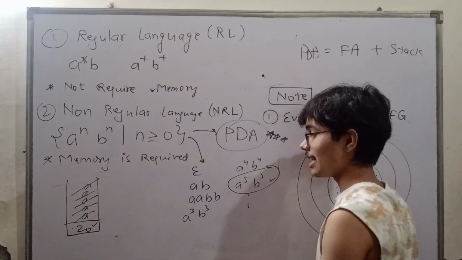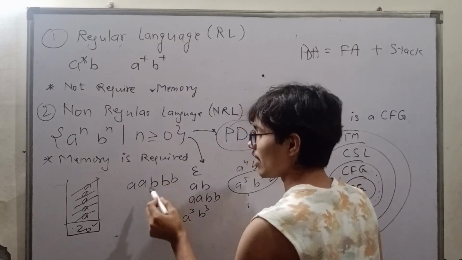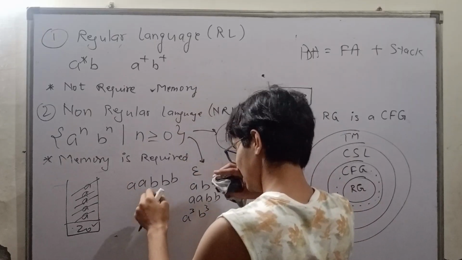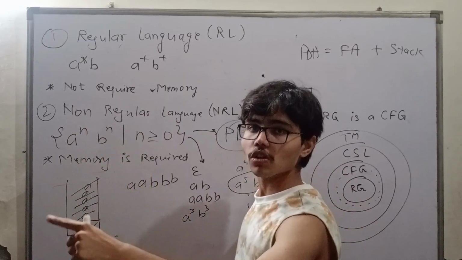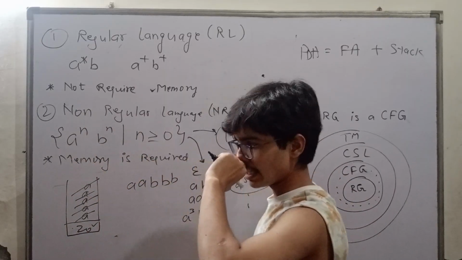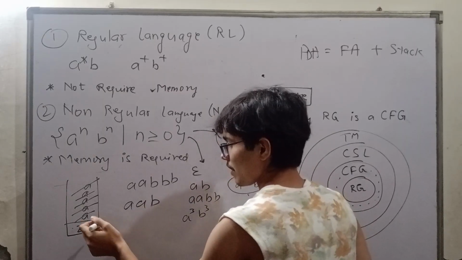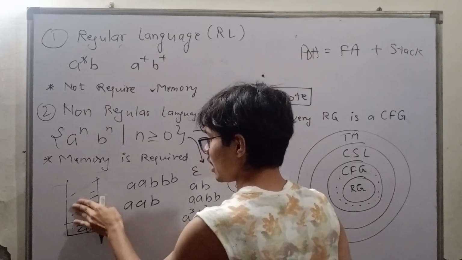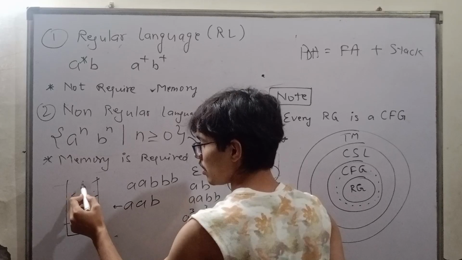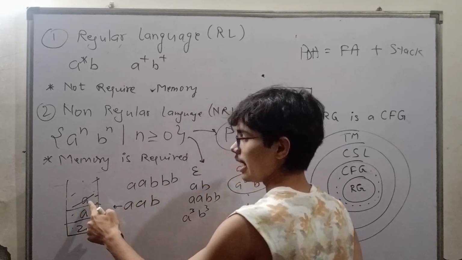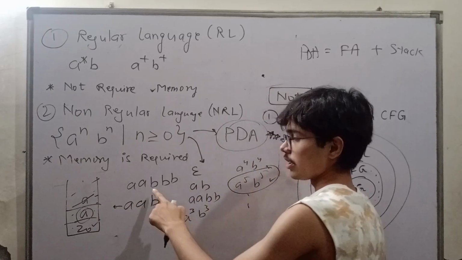If I do not get Z0, like if I give a different string, then it stops in between in a non-final state. For b it is removed, a is removed, but at the top of the stack a is still there, so this is not accepted.